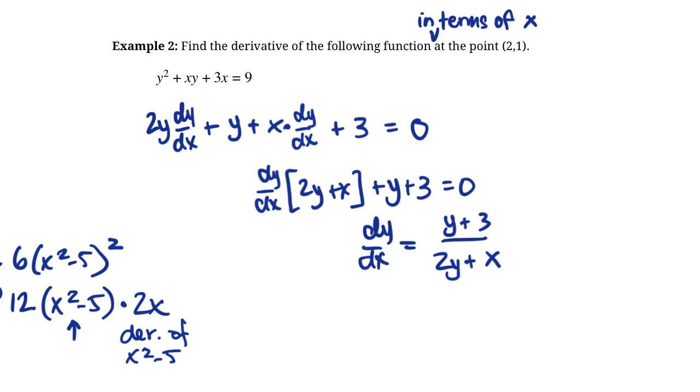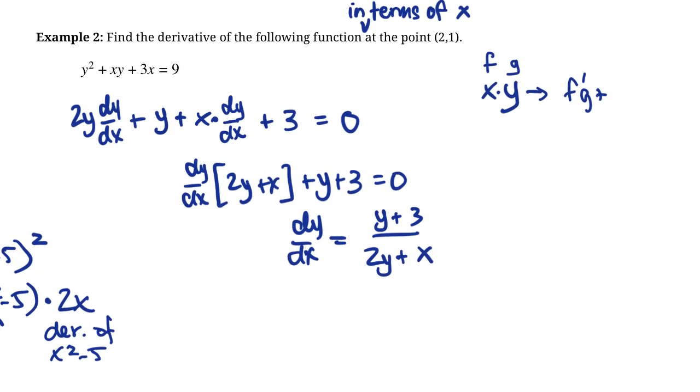So if you're stuck on that, let's just pull that off to the side. We're essentially trying to find the derivative of x times y, right? If we look at this as f and g, using our product rule, we know that the derivative of that is going to be f prime g plus f g prime, right?